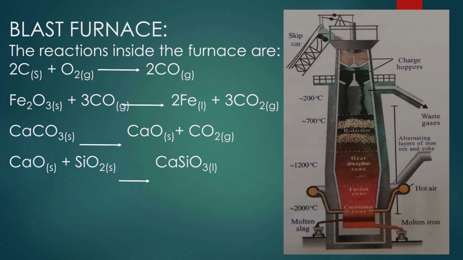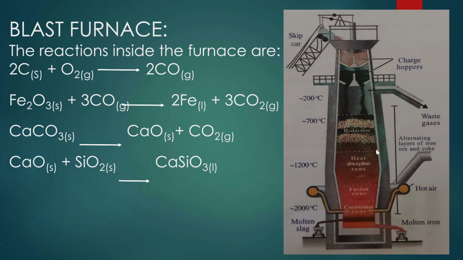Now you see in the figure, this is the diagram of a blast furnace, wherein the ore is taken in, and at different temperatures you get different products. Molten iron is taken out from this section.